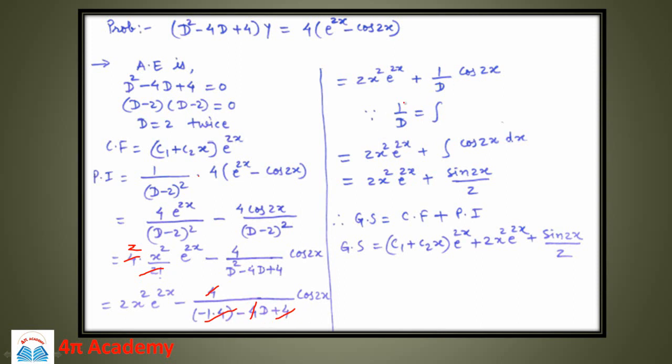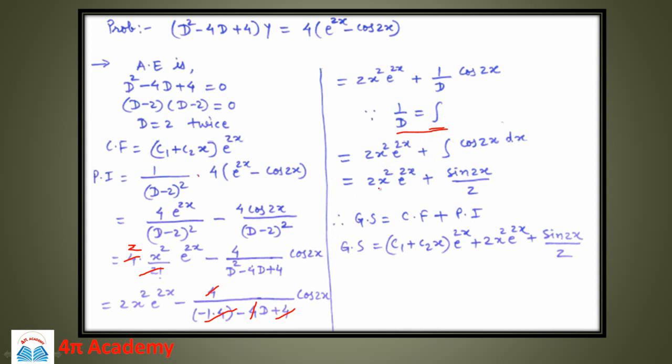Now this 1 by d operator we have already defined: 1 by d is equal to integration. So this is an integration operator, and therefore this will be equal to 2x square into e raised to power 2x plus this 1 by d is integration of cos 2x dx.